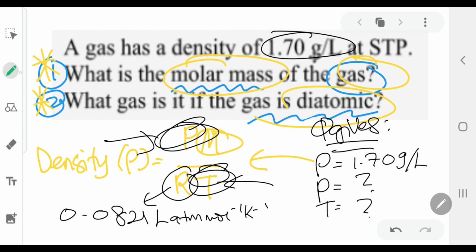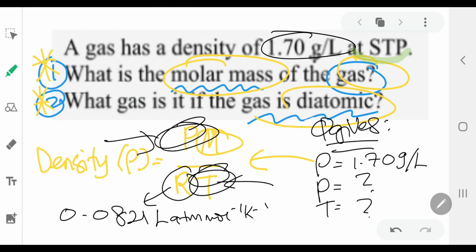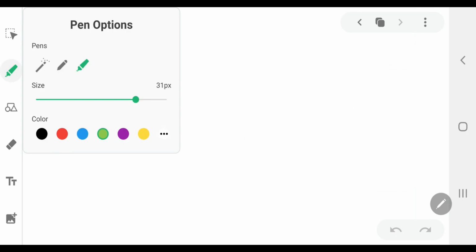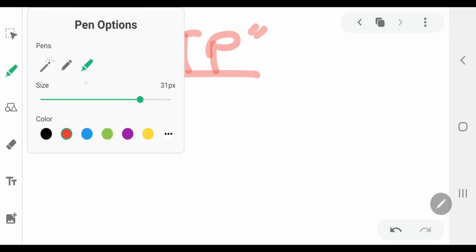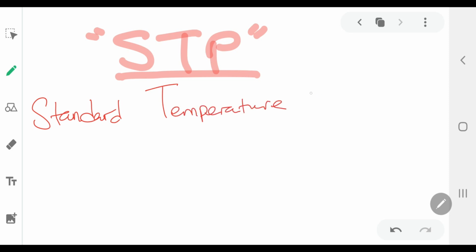To say that the question is not complete is absolutely not right, because it gives you that piece of information, STP. STP stands for, you need to remember now, standard temperature and pressure.